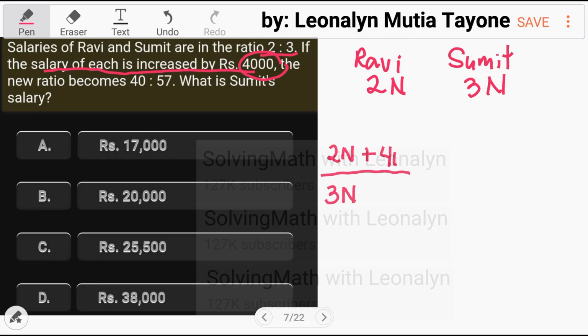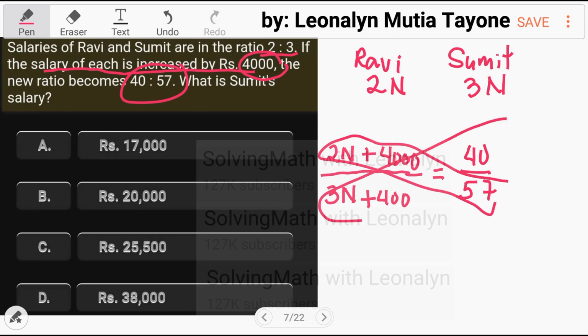Tapos, ito naman ay 4,000. Kung addan daw ng tag 4,000 yung mga salaries nila, yan ay equal sa 40 over 57 na ratio. Tapos, i-cross multiply na natin yan siya.